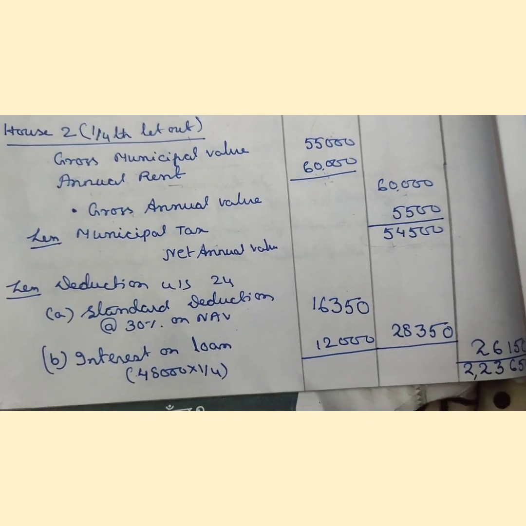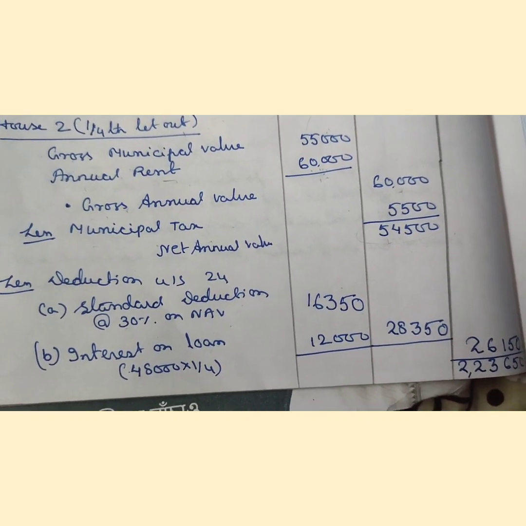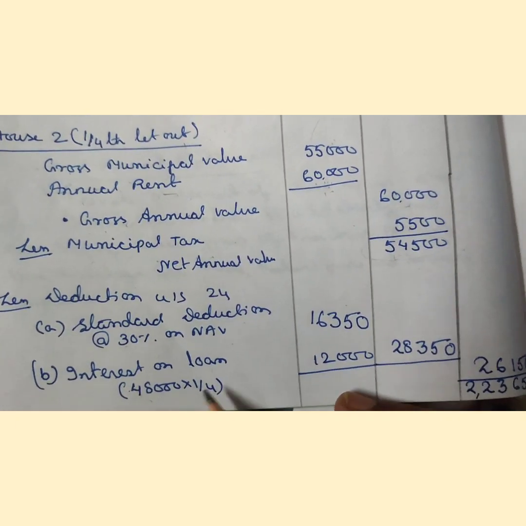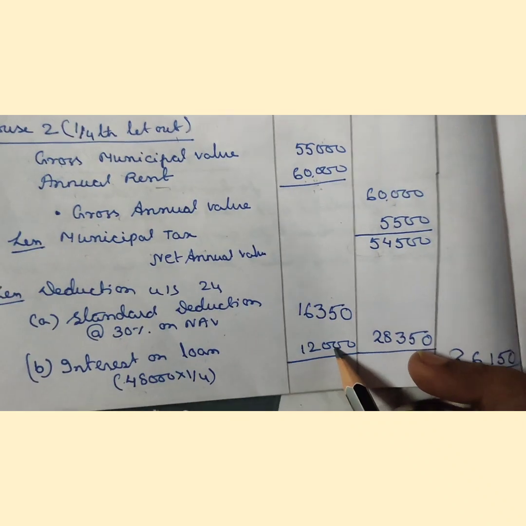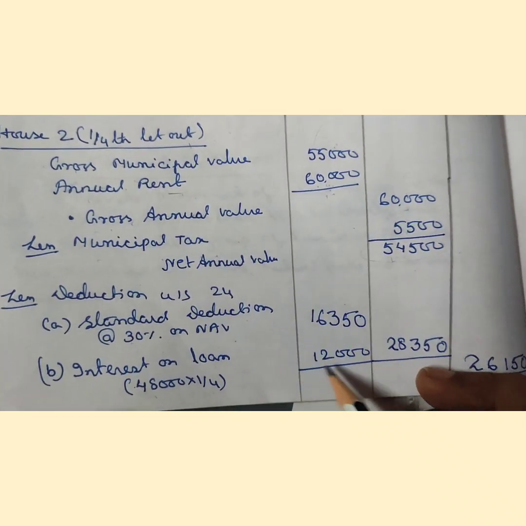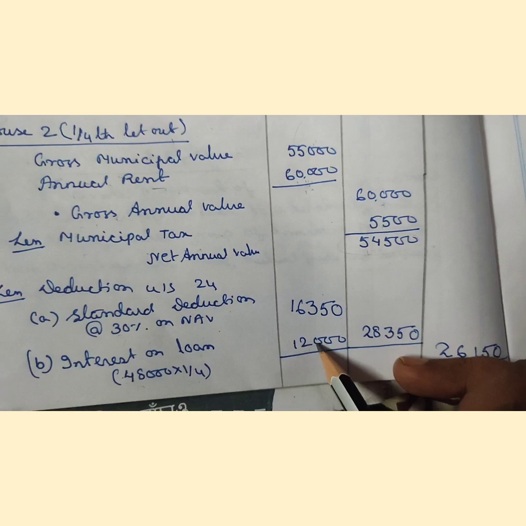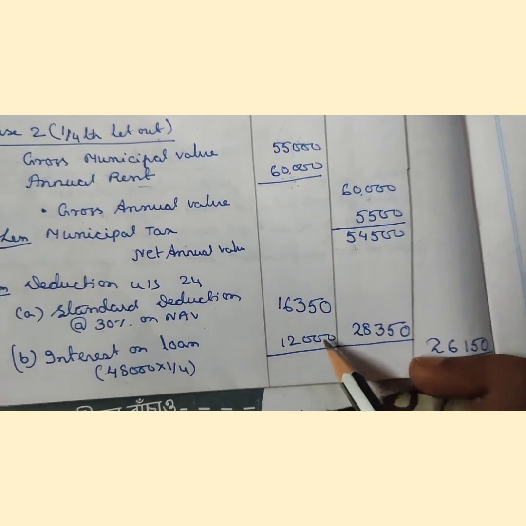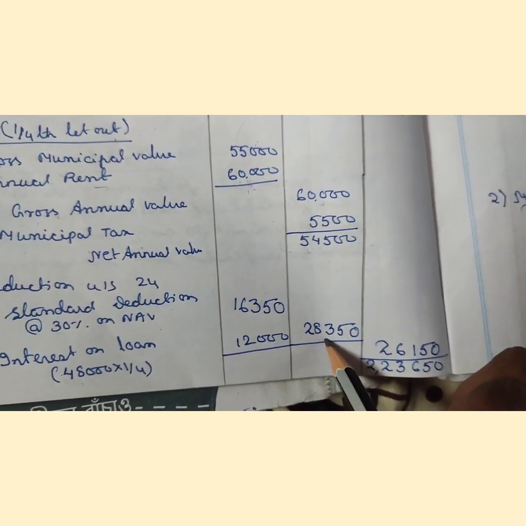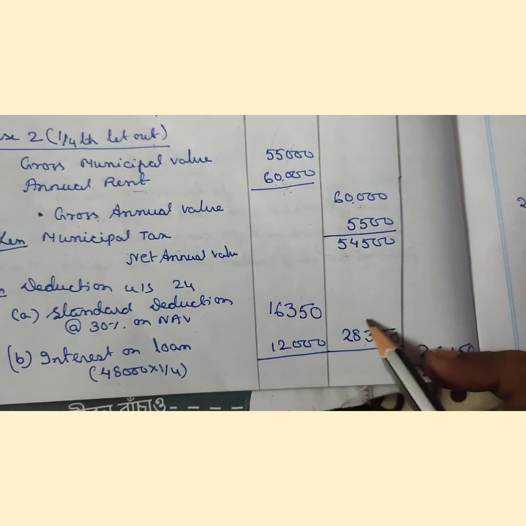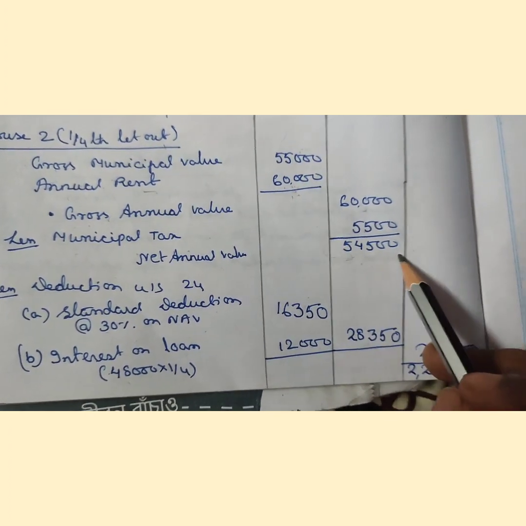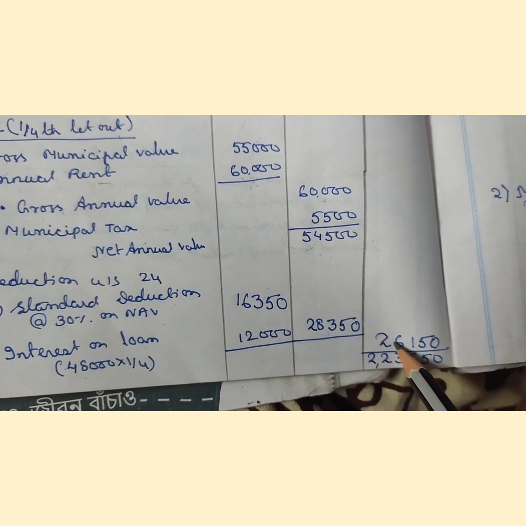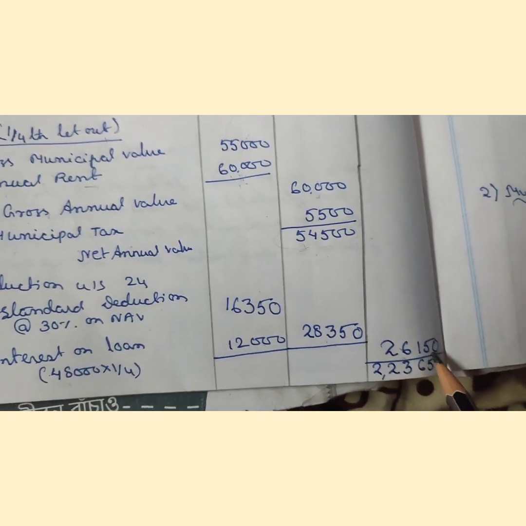And interest on loan given in the question is 48,000 for the entire house. You have to calculate 1/4 part. So 1/4 of 48,000, that is 12,000. Let out part, so total amount is deductible, 12,000. Total deduction is addition or summation of these two, that comes to 28,350, and this 28,350 is deducted from net annual value, and income from the 1/4 part of the second house is 26,150.